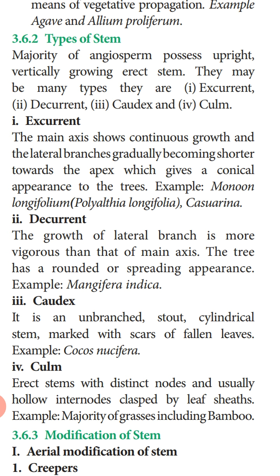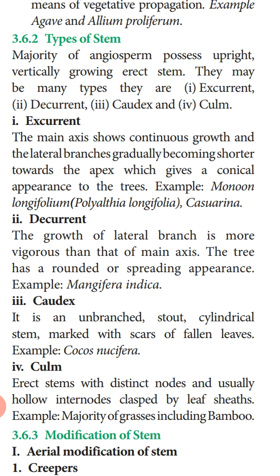The main axis shows slow growth, whereas the lateral branches show rapid elongation. As a result, the shape of the tree is round, since all the lateral branches spread at an equal distance. So this is called decurrent.